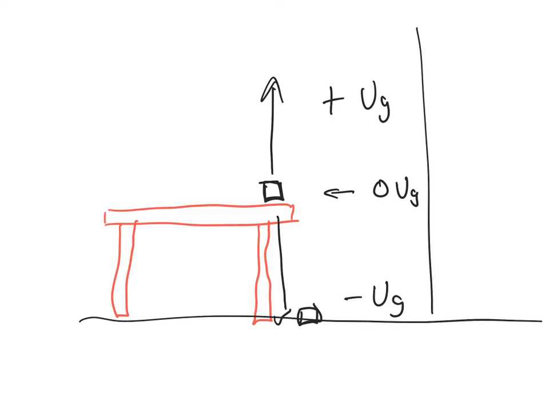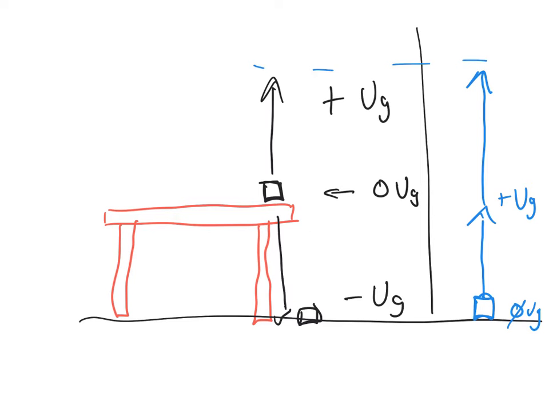If instead I set my zero position as here, zero gravitational potential, and then I were to raise it up to this height, to table height, I would have some positive gravitational potential, and if I were to raise it up to this same height again, I would have twice as much gravitational potential.